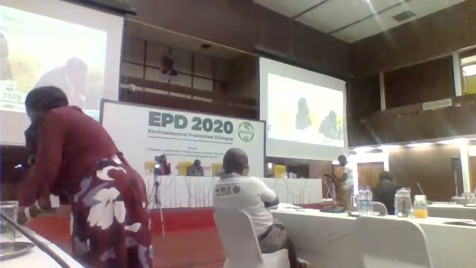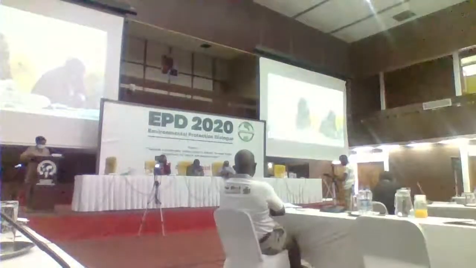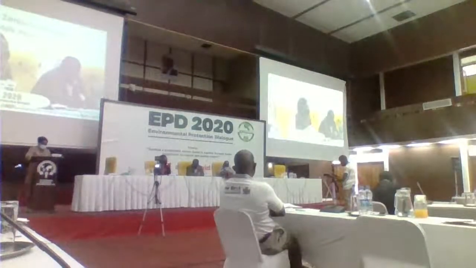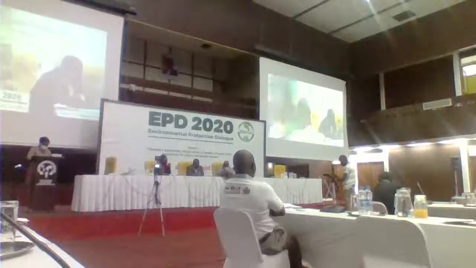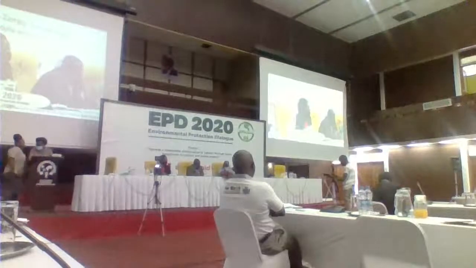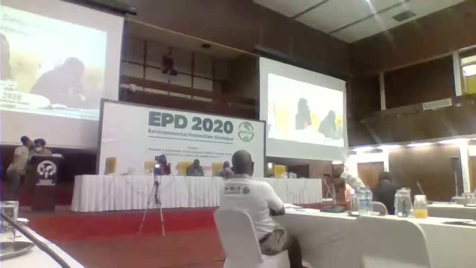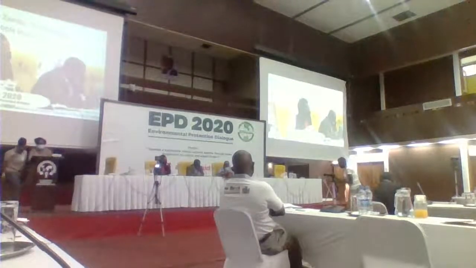If I can give an example, a person wants to set up a service station. That particular service station will have to go through the environmental impact assessment process. So the EIA is meant basically to assess the impact that will be associated with a particular project. You then notice that the SEA is more on a broader scale, while the EIA is project-based and at the project level.